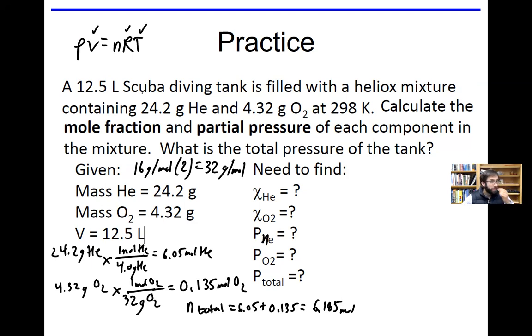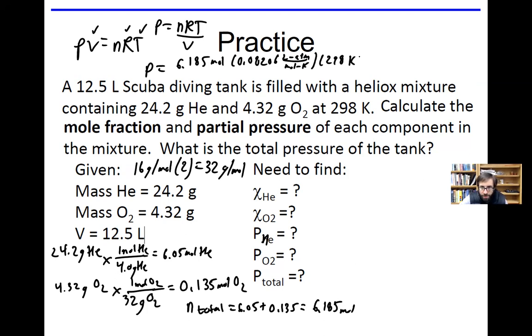Okay? And now we can plug that total in, because we care about the total tank here, and it's all for P. So P is going to be equal to nRT over V, just dividing both sides by V. Our n we know is 6.185 moles. Our R is always 0.08206 liter atmospheres per mole Kelvin. Our temperature is given to us, 298 Kelvin.